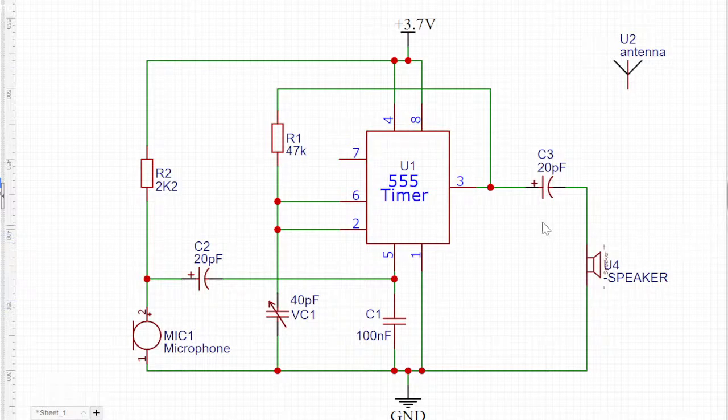An astable multivibrator at high enough frequency, from 100 kilohertz and above, the signal will radiate. This is the secret of every transmitter.